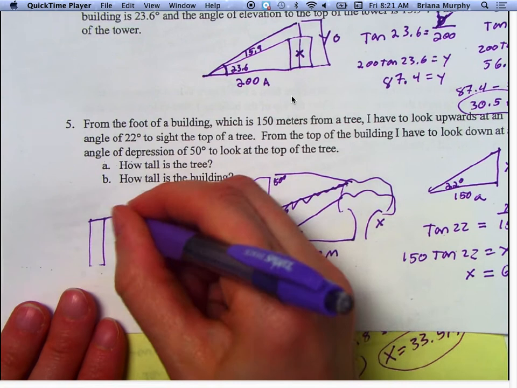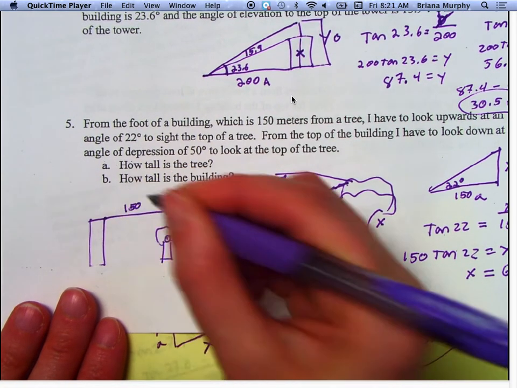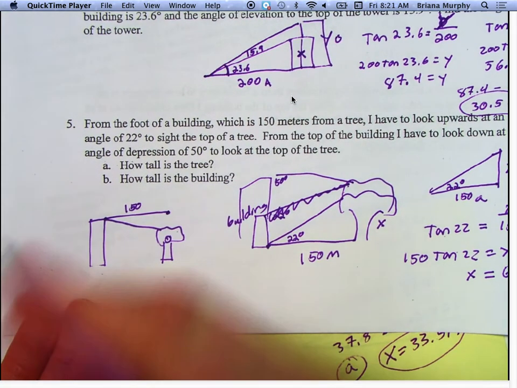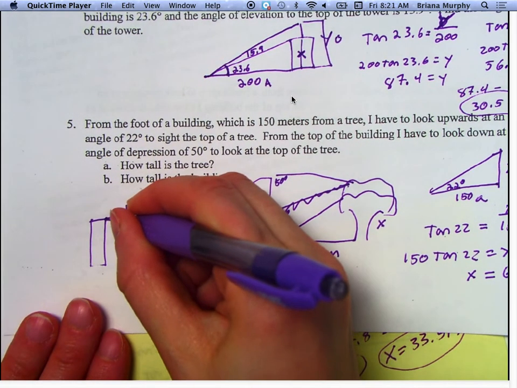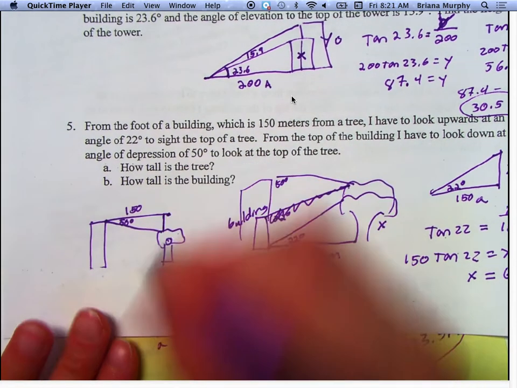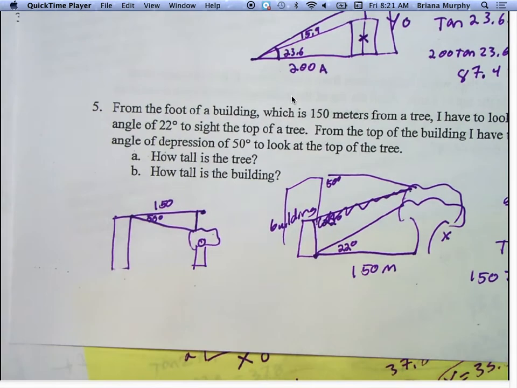We're still 150 feet away, but I need to look at an angle of depression of 50 degrees to see the top of my tree. Do you guys kind of see this picture? It's just a little bit small.